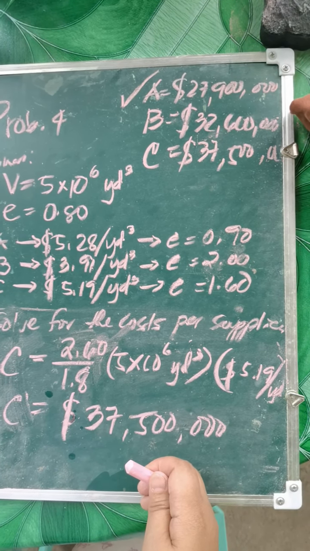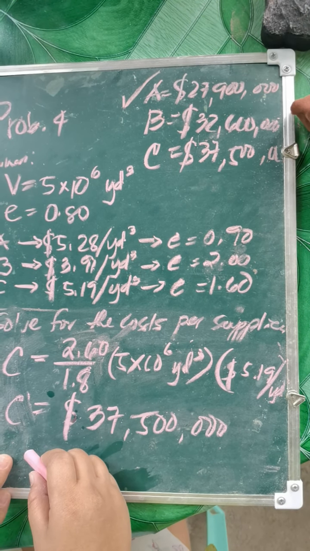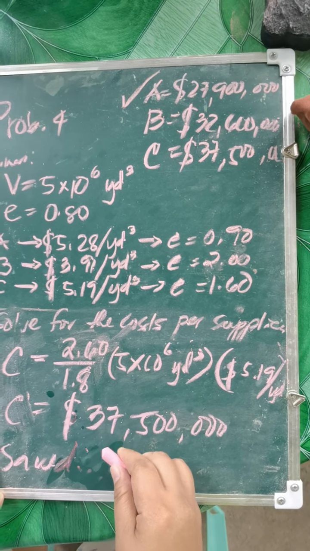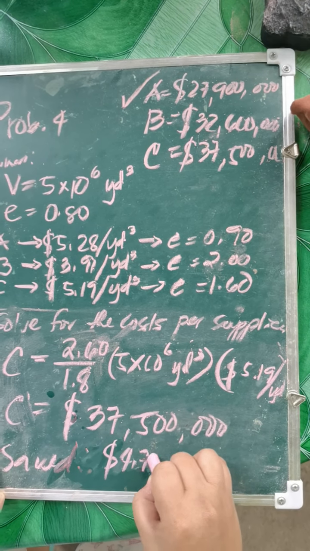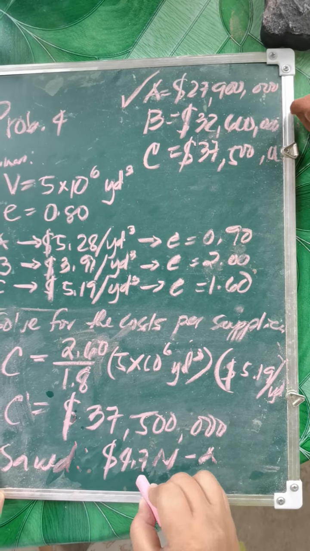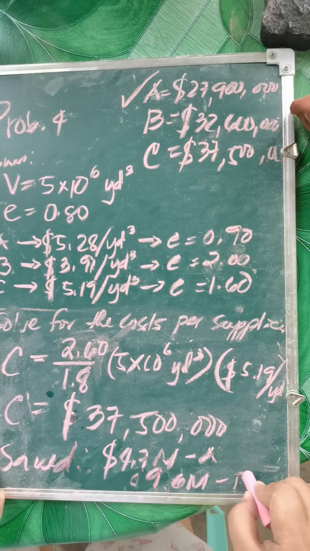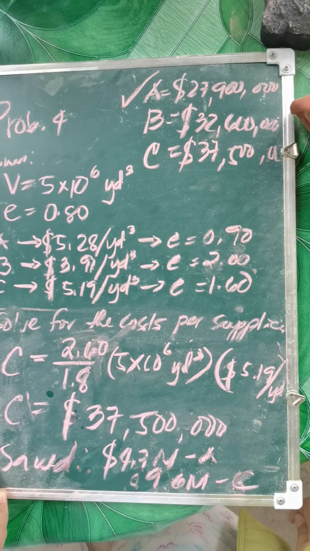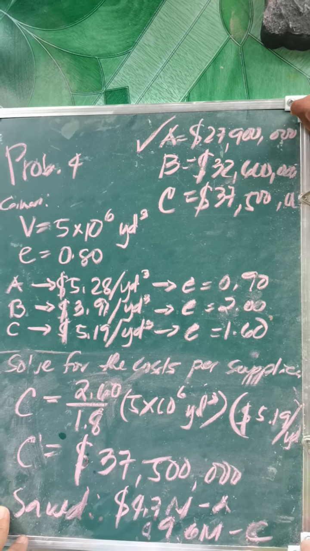The savings are 4.7 million dollars against supplier B and 9.6 million dollars against supplier C. Okay, so that answers our problem number 4.